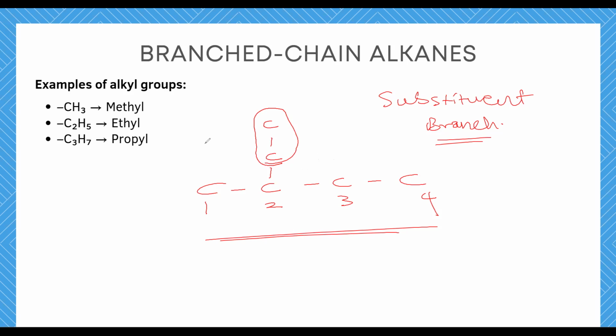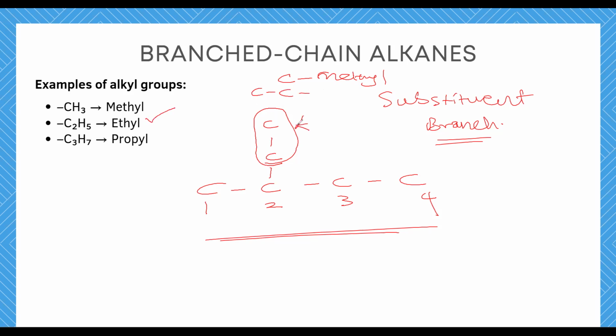Very good. So now we have different types of branches when we are naming alkanes. When it is just one carbon atom forming the branch, we use the name methyl. Did you see that? Yes, sir. When we have two carbon atoms forming the branch, we use the name ethyl.